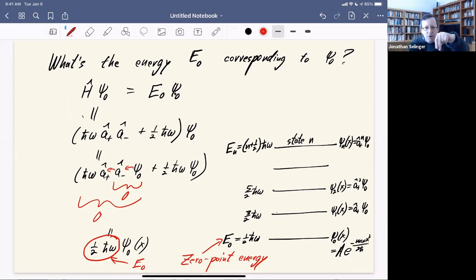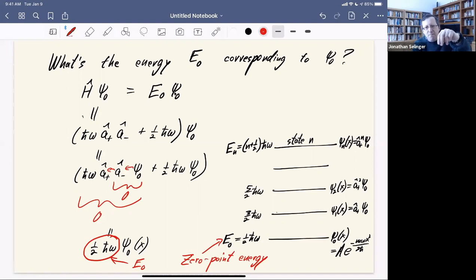And so you have a little bit of potential energy and a little bit of kinetic energy. And that goes along with the uncertainty principle. The uncertainty principle would say there has to be some uncertainty in the position and some uncertainty in the momentum.